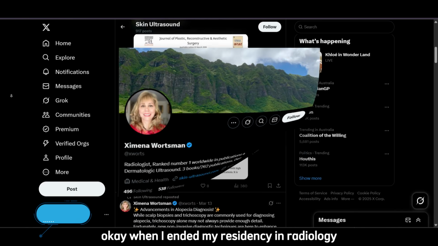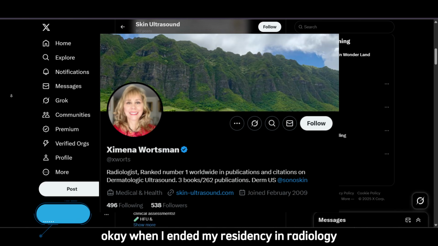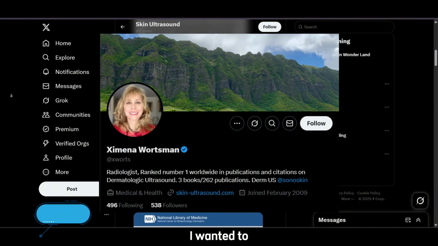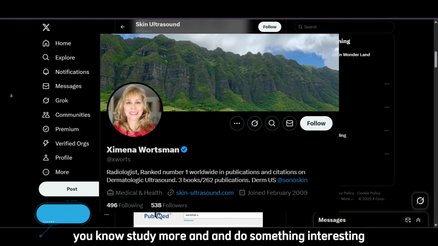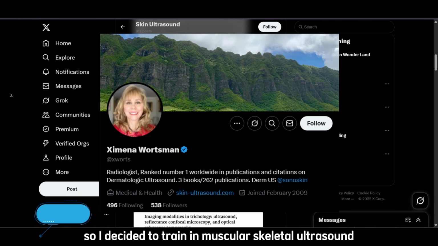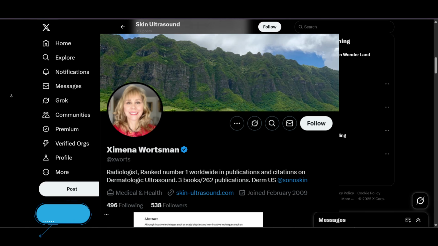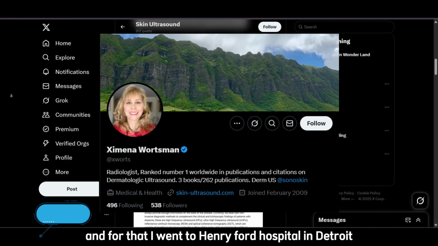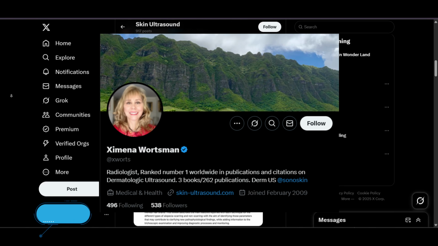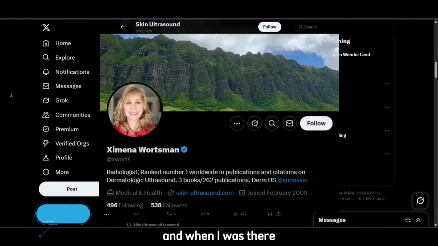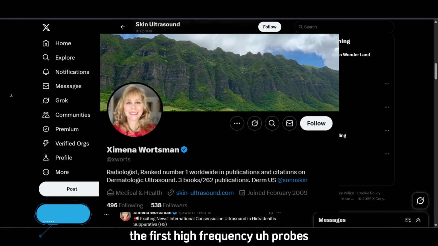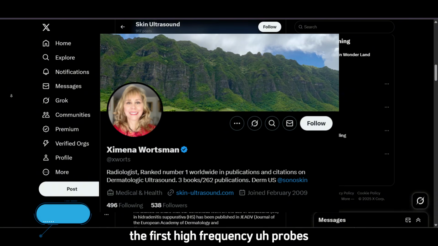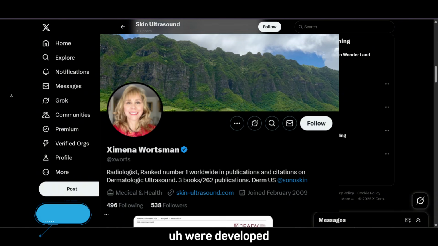Okay, when I ended my residency in radiology, I wanted to study more and do something interesting. So I decided to train in musculoskeletal ultrasound. And for that, I went to Henry Ford Hospital in Detroit. And when I was there, the first high frequency probes were developed.